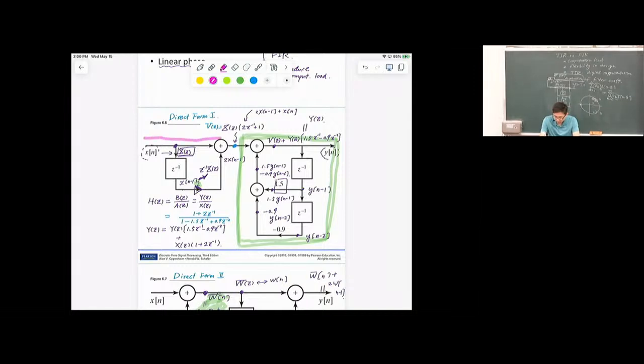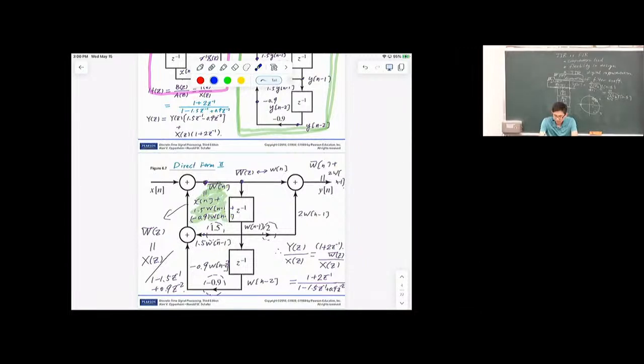Both are LTI, linear and time invariant, and therefore you can feel free to switch the order. It doesn't matter if x[n] goes through the second system first, and then we extract the output and put it back to the first system. So that's exactly what's happening right here. What's happening at the bottom of direct form number 2 on the left here is the first subsystem.